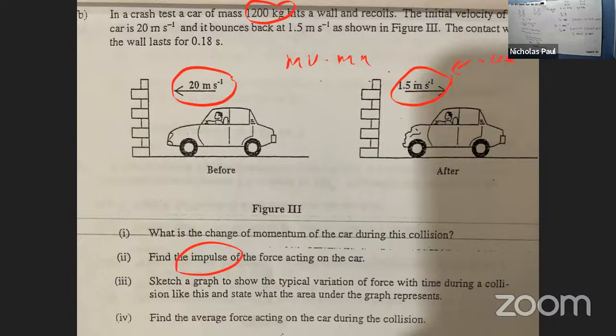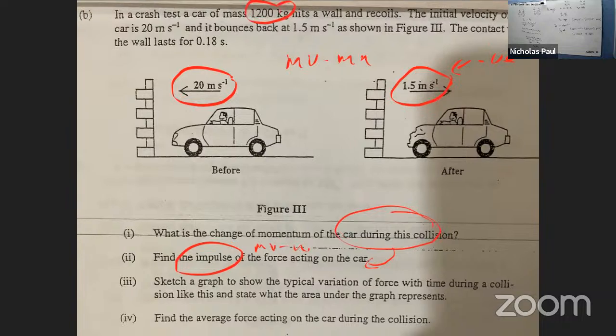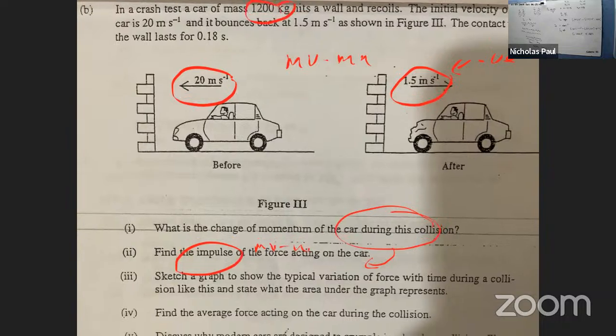Impulse is FT, but we don't have F here. So it's mv minus mu. So part 1 is here. Shazana, find the impulse just like that, mv minus mu. That's okay.